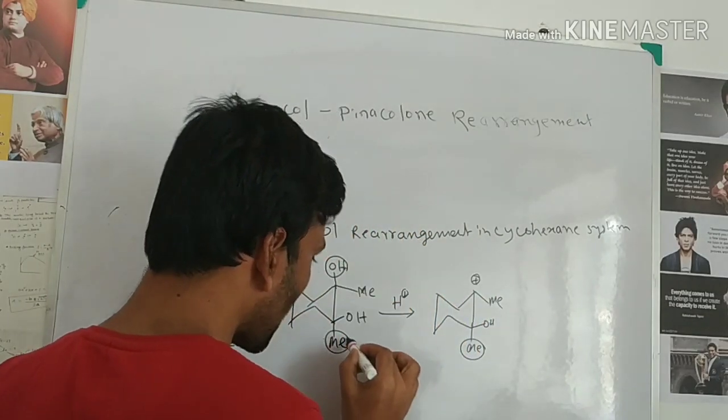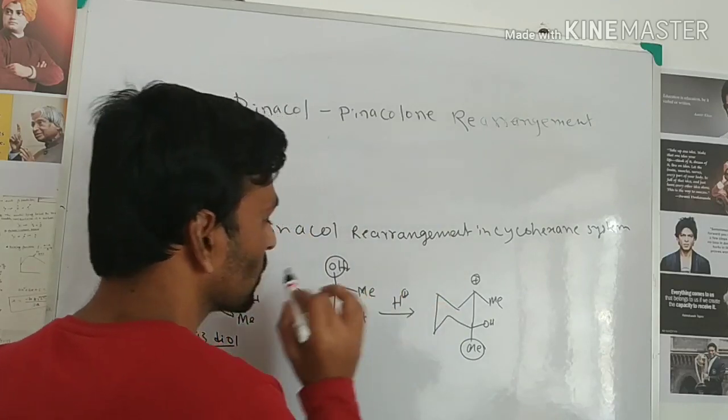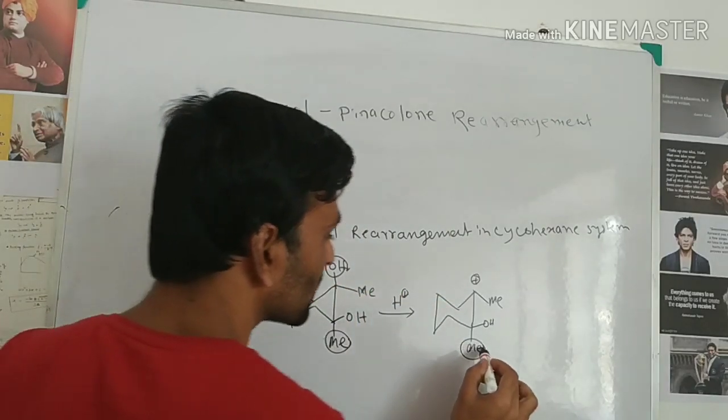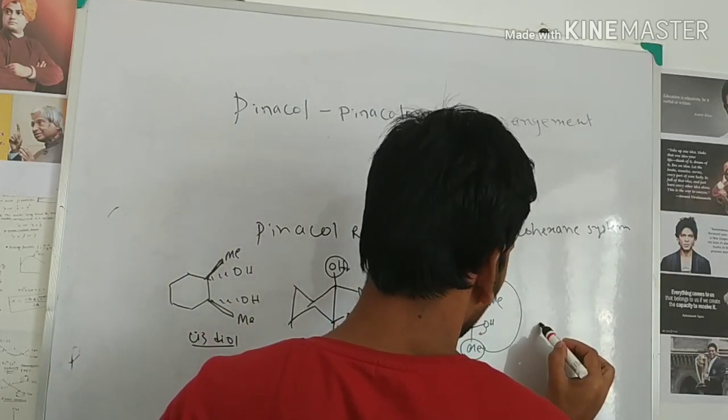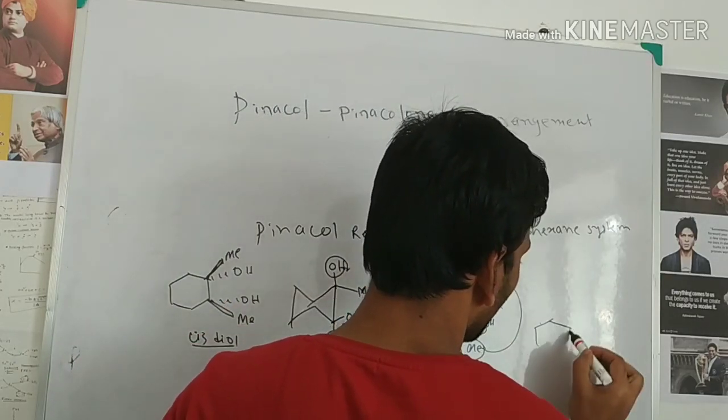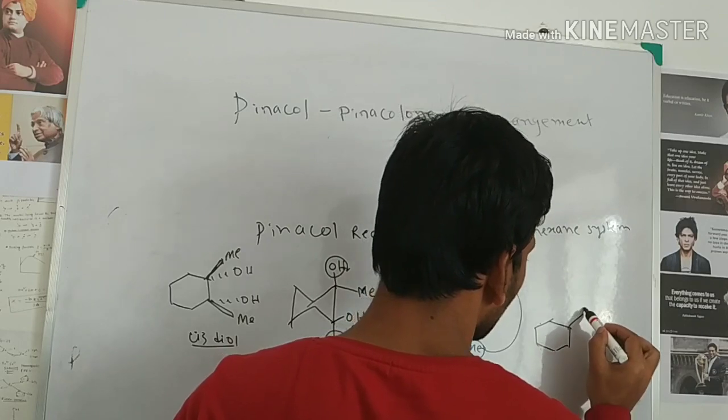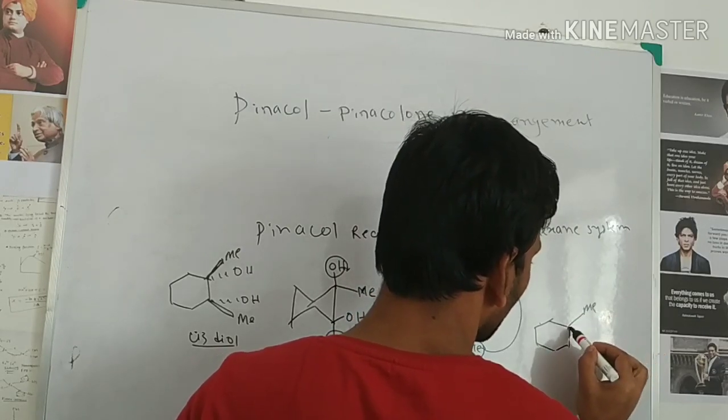This methyl group is anti to this OH group. So this methyl group shifts here and finally forms this molecule.